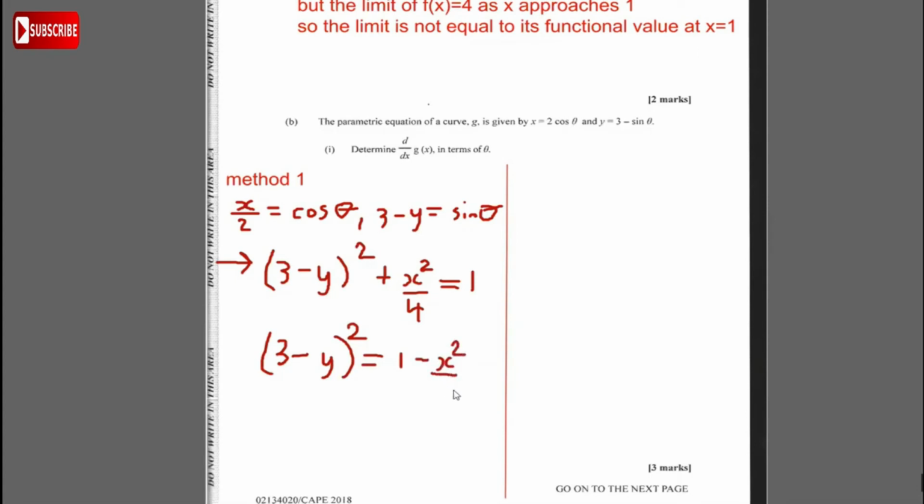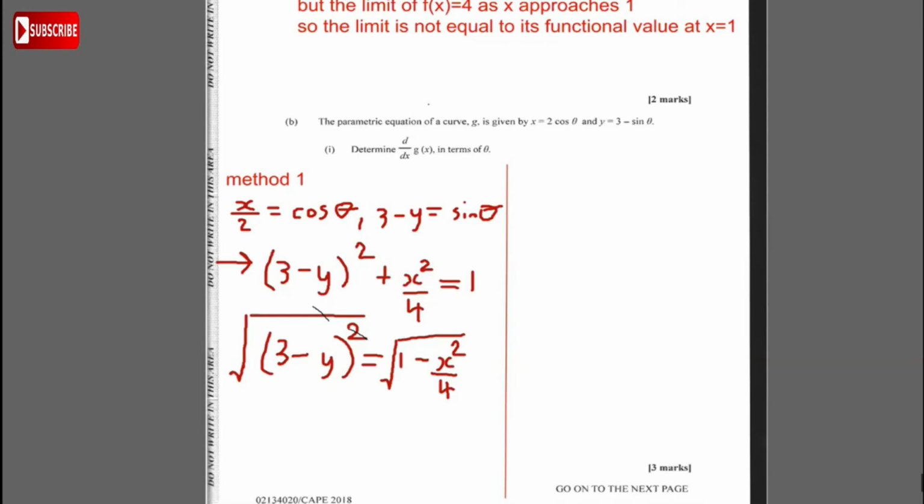You can then square root both sides. When I square root both sides, the square cancels the square root. And so what I'm left with is 3 minus y equal this.